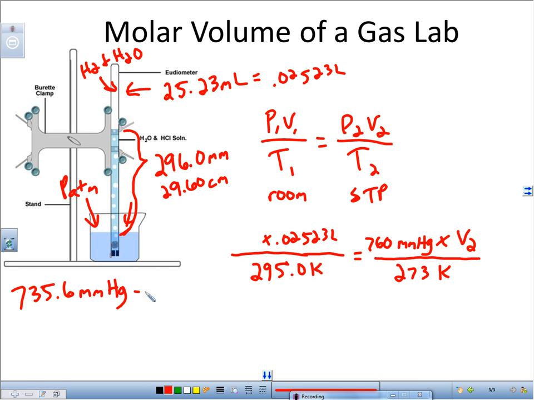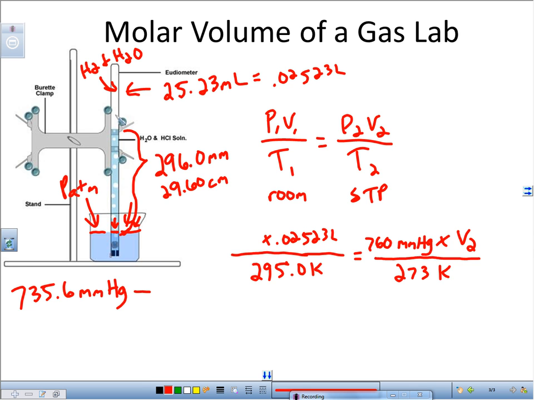Since there's a difference in height here, we have to take that into account. If the pressures were equal, then the water level in the eudiometer would have been the same as the water level in the beaker. That wasn't true. So this difference in height is actually the difference in pressure. We're going to use that difference in height to figure out what the real pressure is inside.